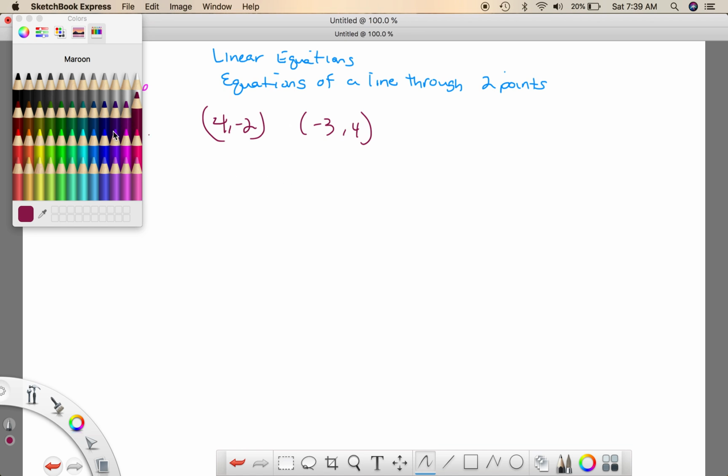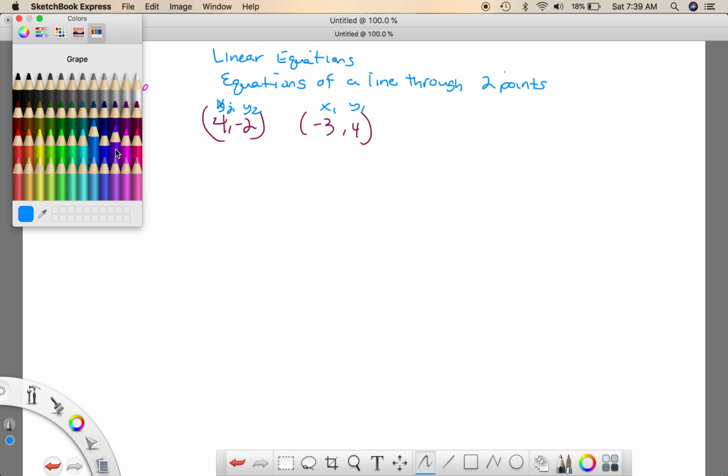So the first thing we do, instead of graphing it, is use the slope formula. I'm going to use x2, y2, x1, y1.